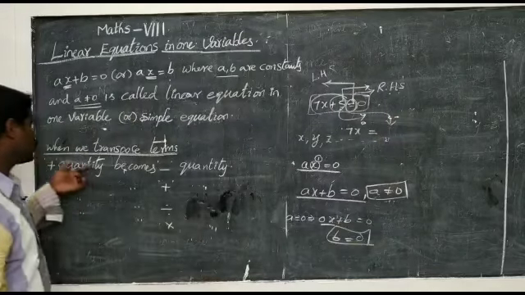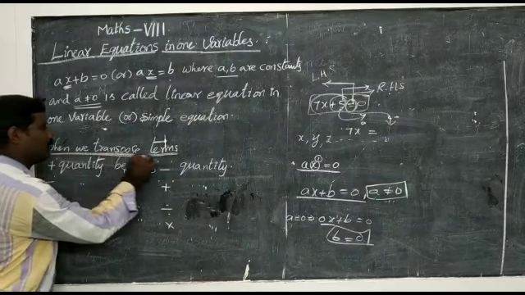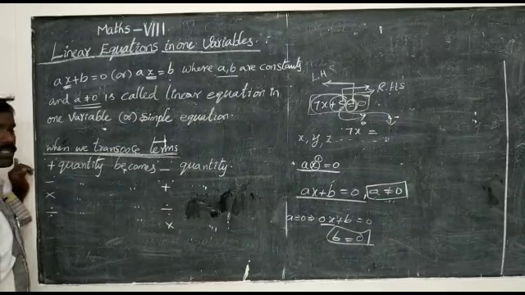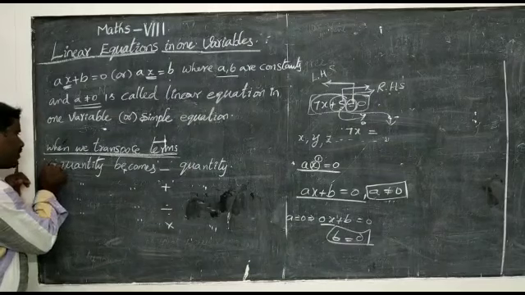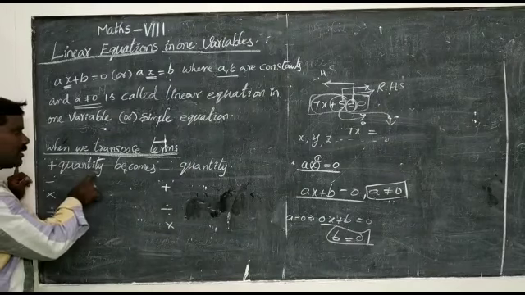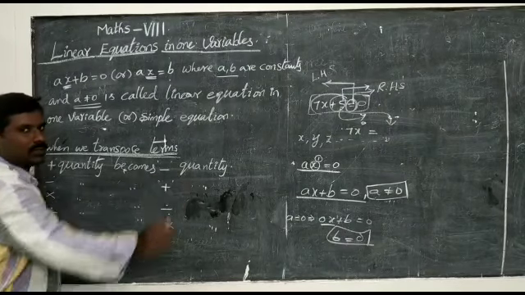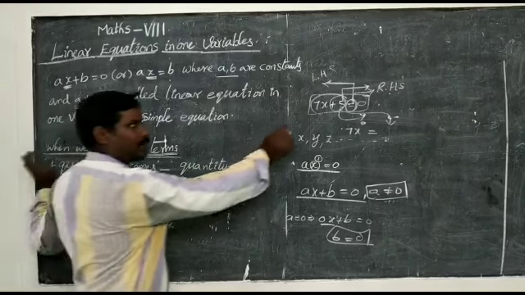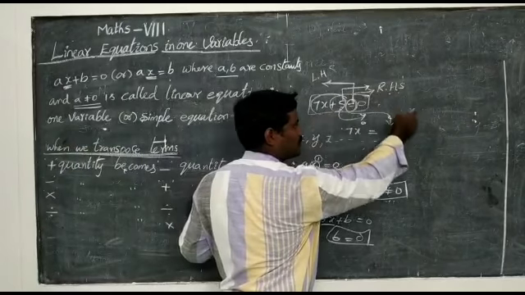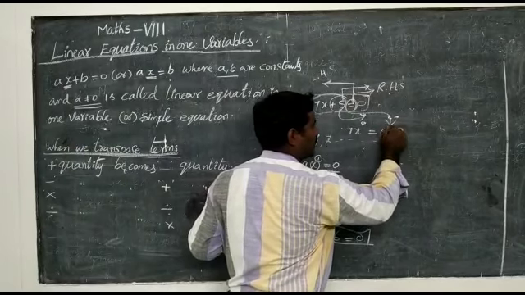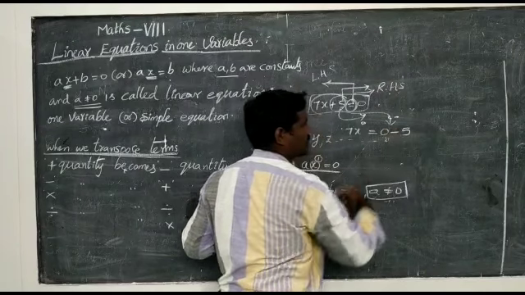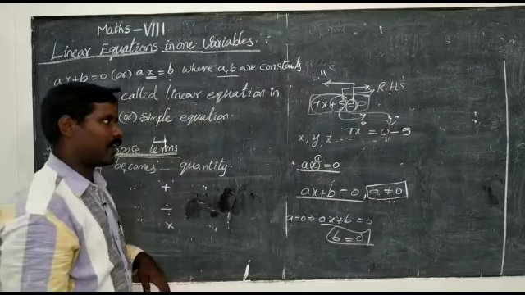That's why we are going to some rules. When we transpose terms, if you transpose a plus quantity it becomes a negative quantity. Now it is plus; if you change it to this side, we get 0 minus 5.